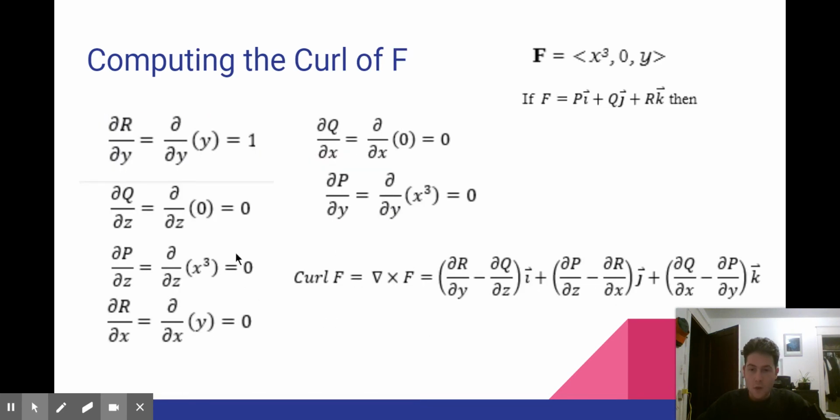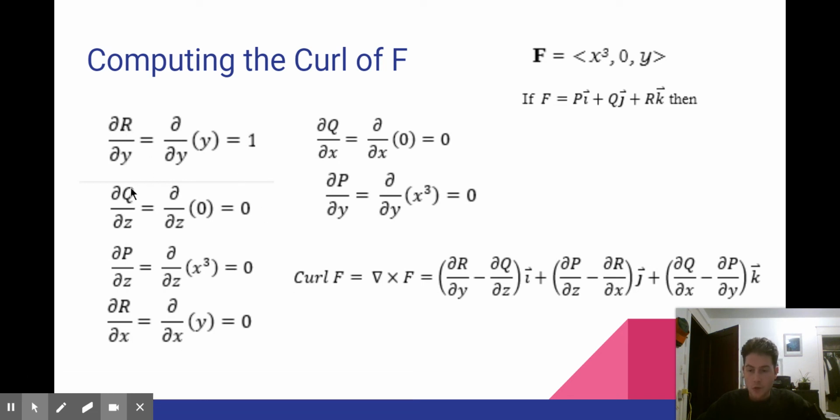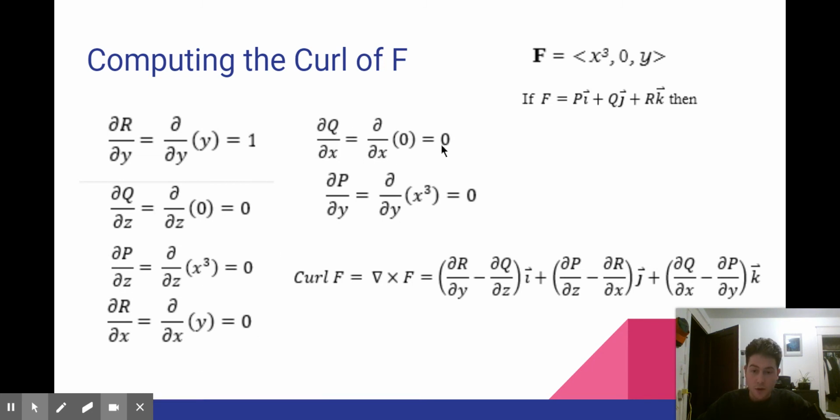To solve this, we need to find the partial derivative of R with respect to y, the partial derivative of Q with respect to z, and so on. The partial derivative of R with respect to y is 1, Q with respect to z is 0, P with respect to z is 0, R with respect to x is 0, Q with respect to x is 0, and P with respect to y is 0.